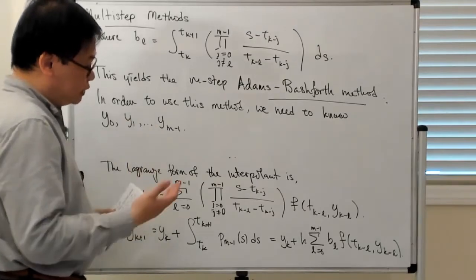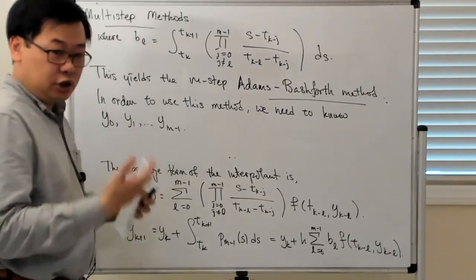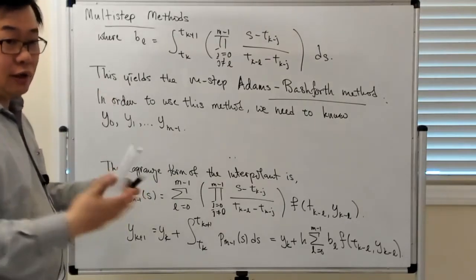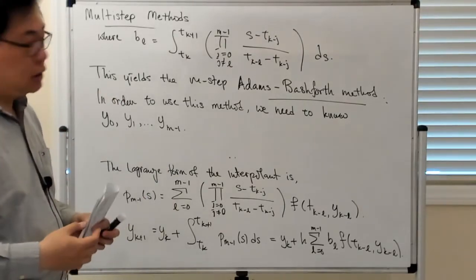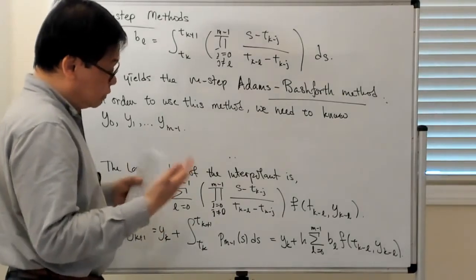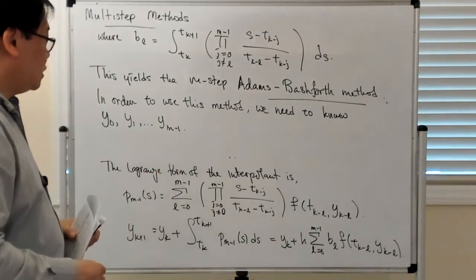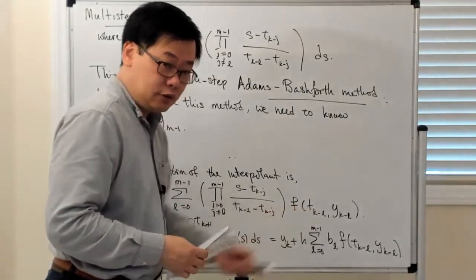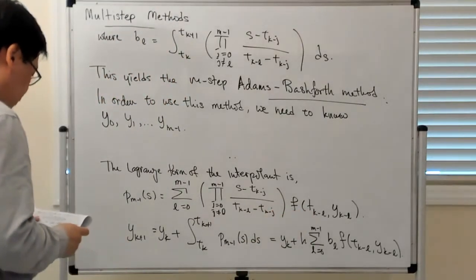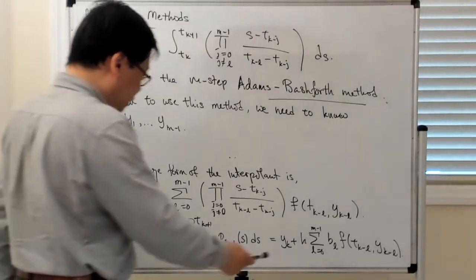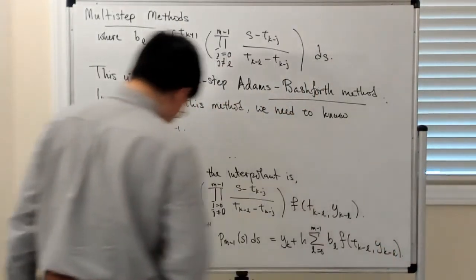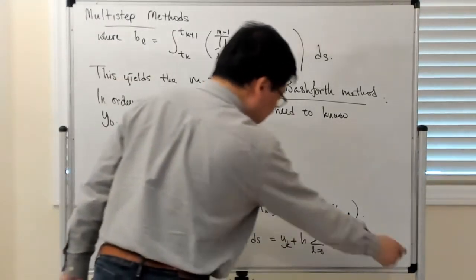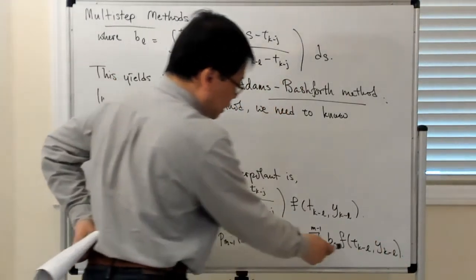Whereas with the multi-step methods, you take advantage of the function evaluations you've already done in the previous steps to construct a similarly high-order approximation of the solution. So you require, again, far fewer evaluations of the vector field to get this method to work. As an example, if you look here, you have this method that says the solution at the new time is the solution at the old time plus a weighted combination of the function evaluations.